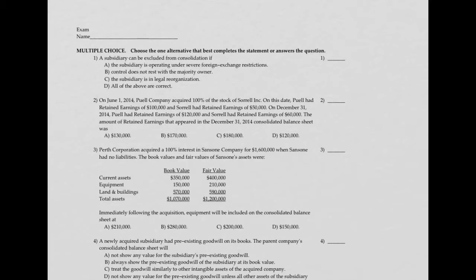Question 4, a newly acquired subsidiary had pre-existing goodwill in its books. The parent company's consolidated balance sheet will not show any value for the subsidiary's pre-existing goodwill because, and that's answer A, it's going to redo goodwill in its calculation of the acquisition date method valuation. We ignore any pre-existing subsidiary goodwill.